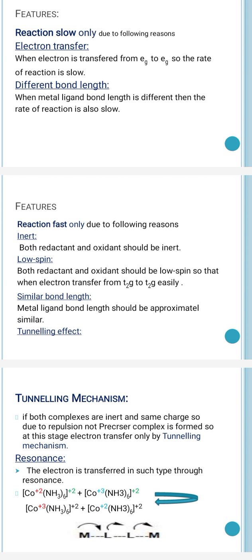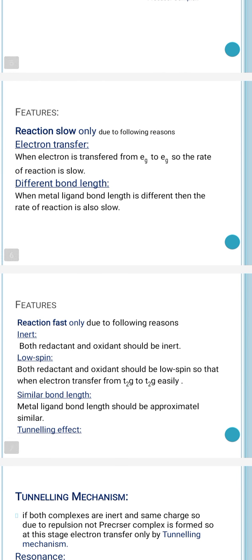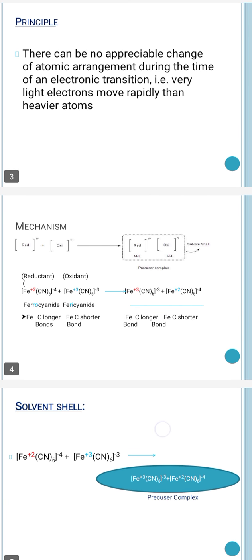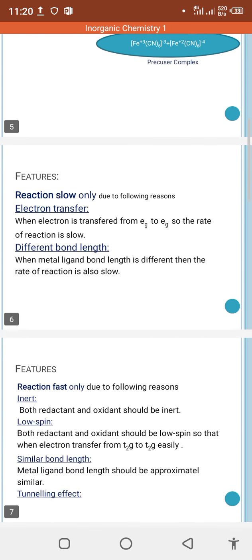Similar bond length: the metal-ligand bond length should be approximately similar. As we discussed above, when the bond length is the same, the reaction becomes fast. When the bond length is different, the reaction becomes slow. And I gave the example previously.